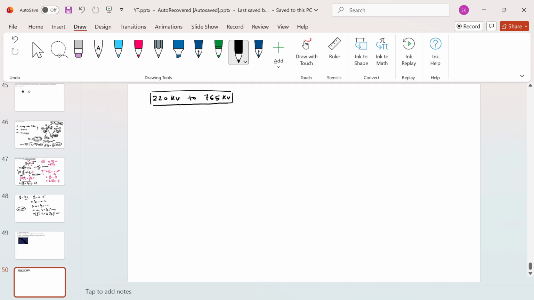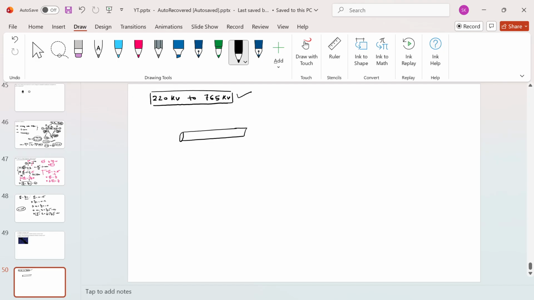Now, this is basically a natural phenomenon. If you see the overhead transmission lines, let me draw one conductor. Let's say it is a conductor that is part of a transmission line carrying a voltage between 220 kV and 765 kV. Even if it is not strictly in this range, you are transmitting the power at a higher voltage level.